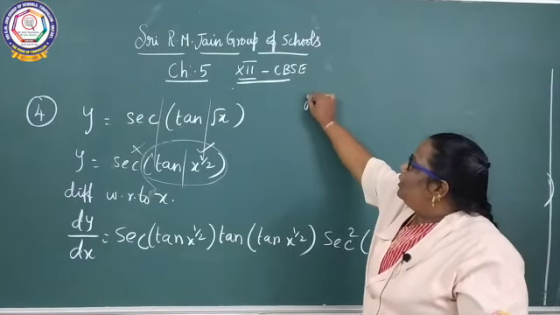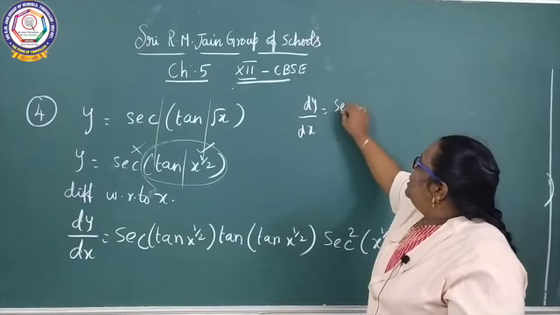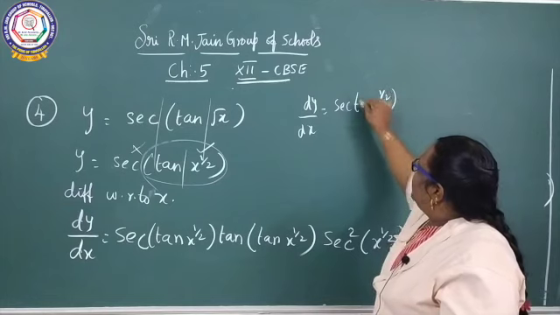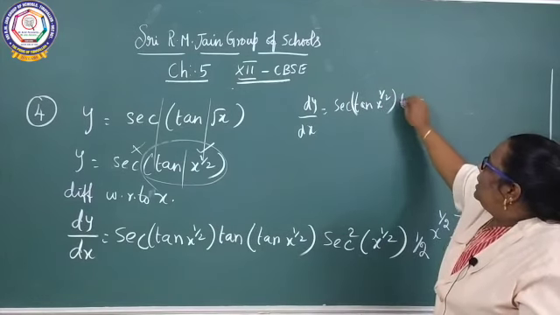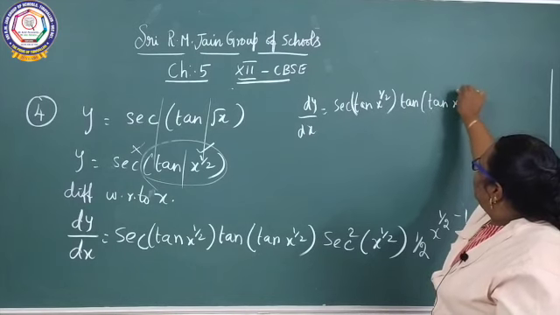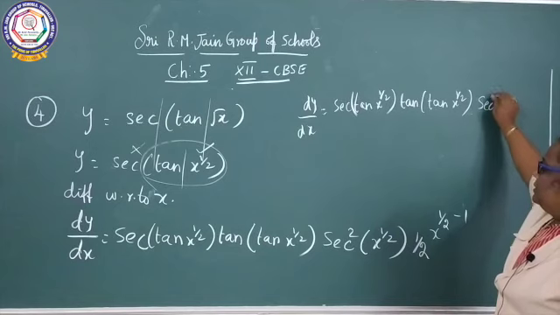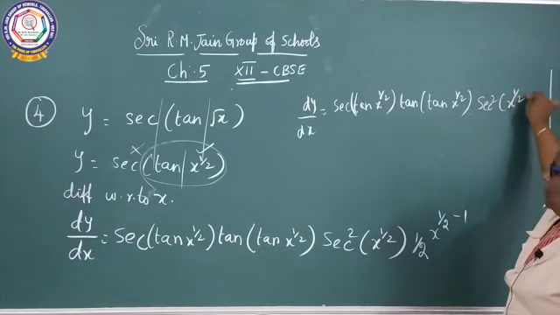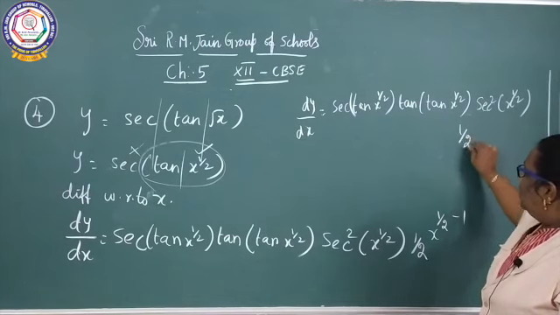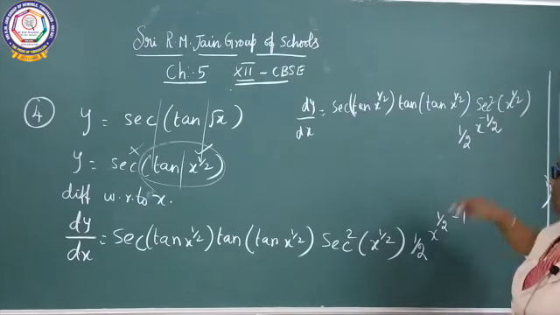So what value are you getting? dy by dx equals secant of tan x power 1 by 2 into tan x power 1 by 2 into secant square of x power 1 by 2 into 1 by 2 into x power minus 1 by 2.